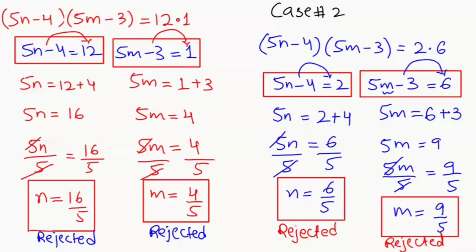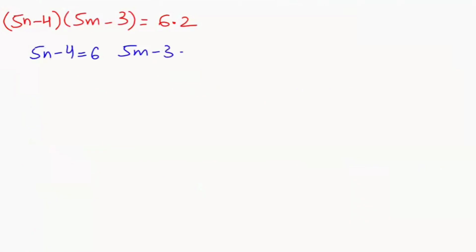Now I'm going to take the other factor of the second case, that is 6 times 2. The equation we have is 5n minus 4, 5m minus 3 is equal to 6 times 2. I'm going to compare it here: 5n minus 4 is equal to 6, 5m minus 3 is equal to 2.